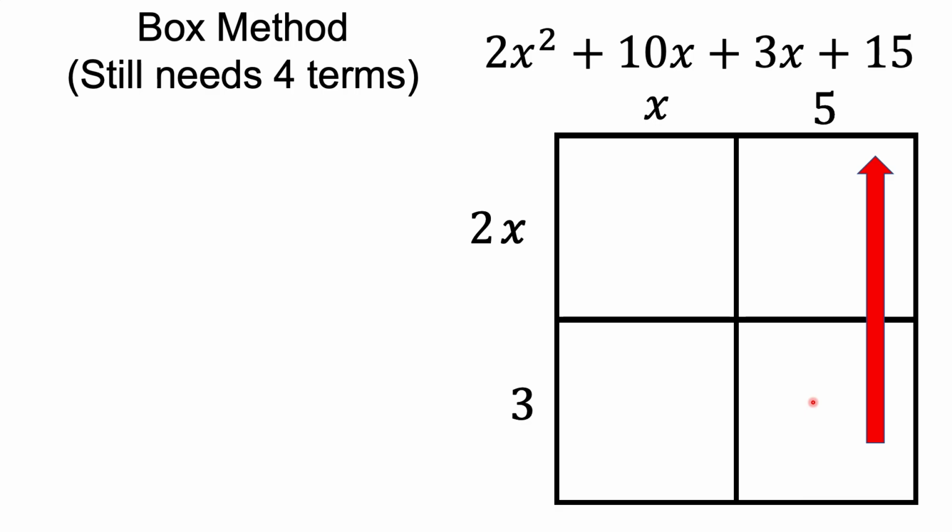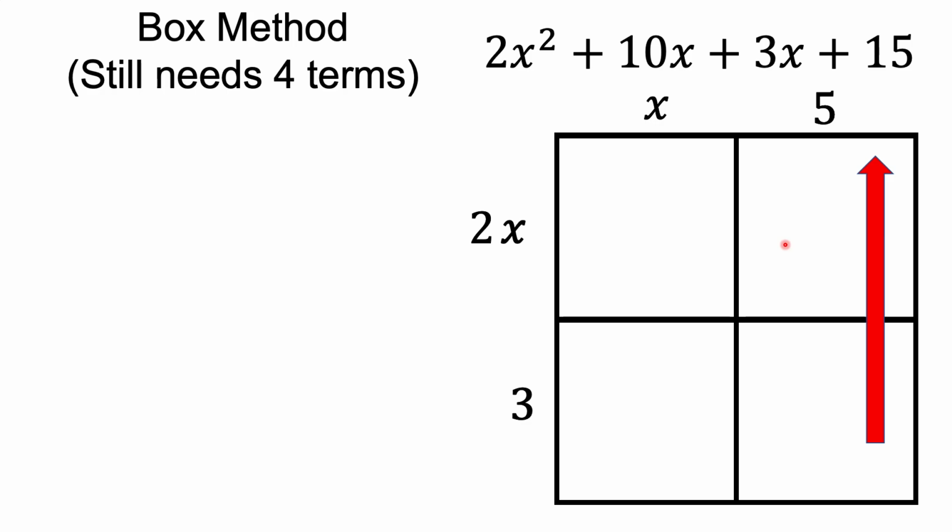Now, this box method gets kind of funky with negatives. With the negatives, you need to see what the box is that's right next to the factor you just pulled out. So say this was a negative 10x, this would be a negative 5. Whatever box is closest to it, whatever that number in there was, positive or negative, that's what you pull out.